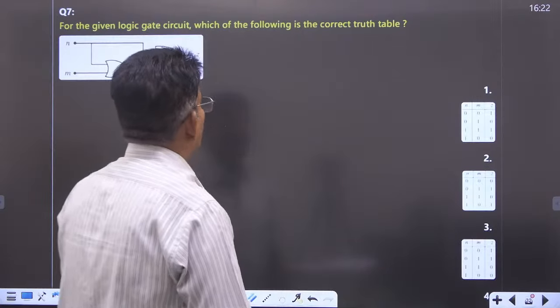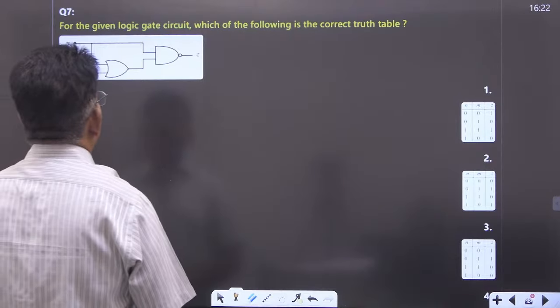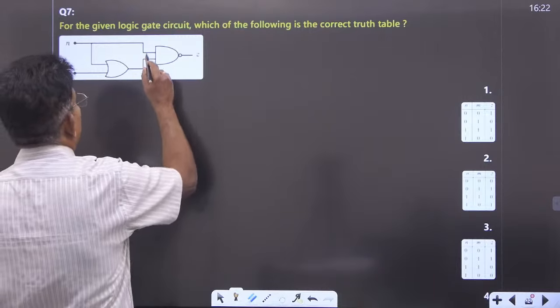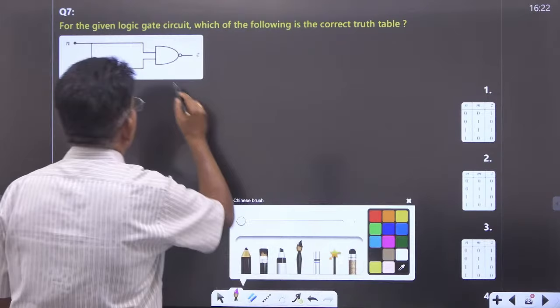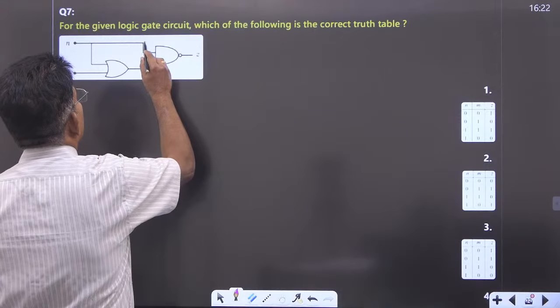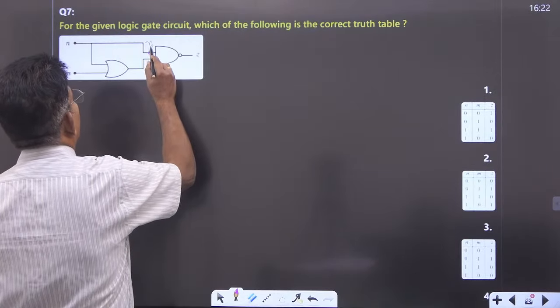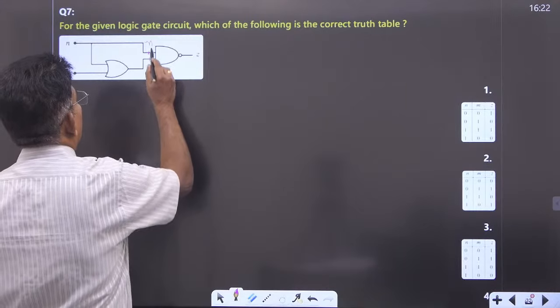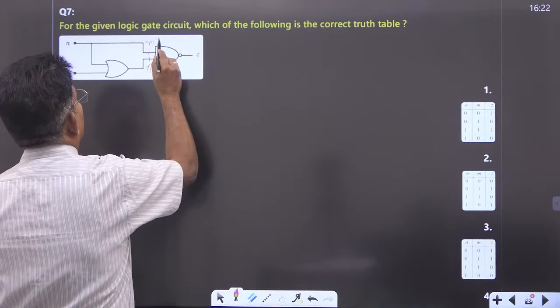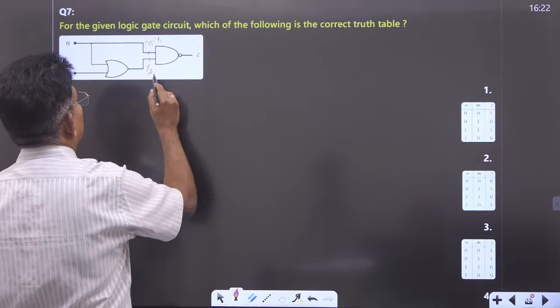Okay, come on. Next, again we can directly write here. I write this on the board. We can save time, we have done so many questions. This is N, we are writing N. This is Y1. Y1 is N. Y2 is this.